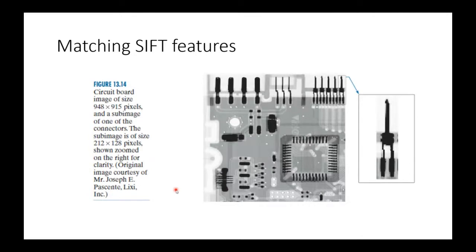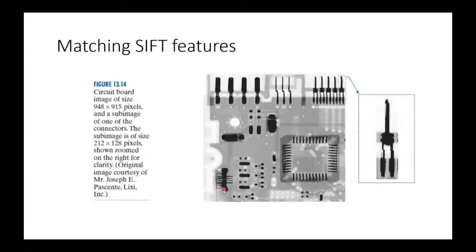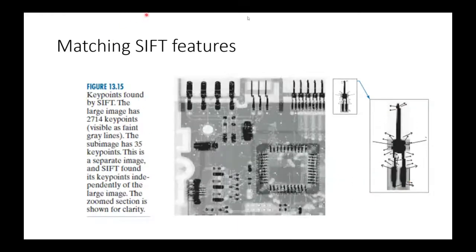This is a standard way of doing feature matching: you use SIFT features and just get the features with the highest probabilities. So for instance, I have this original image, and I want to find every instance of this particular connector here. So I generate the SIFT features for these connectors and the SIFT features for the sub image.